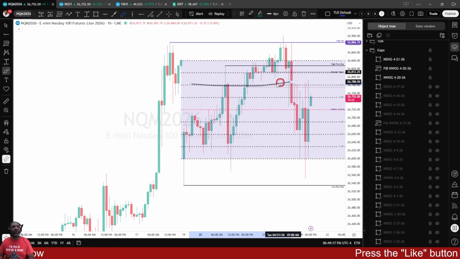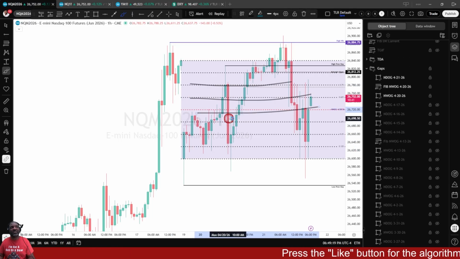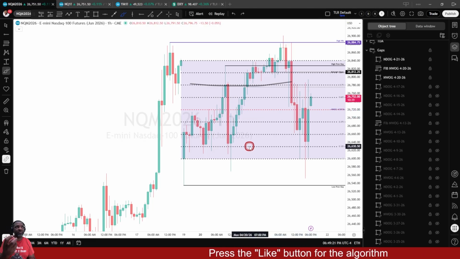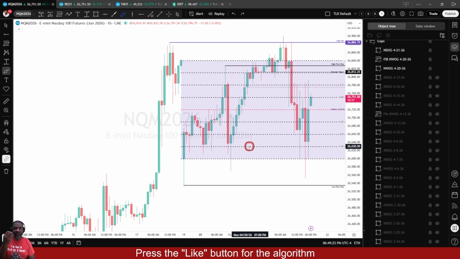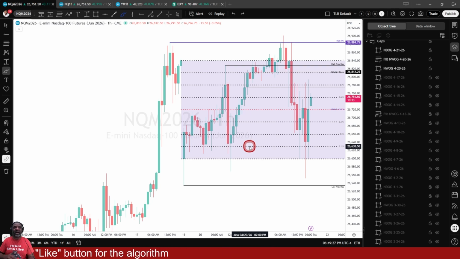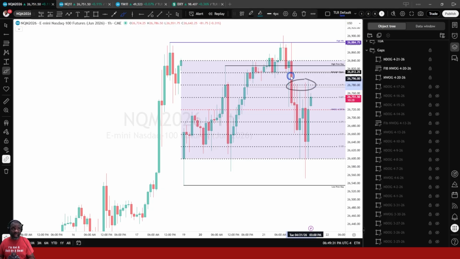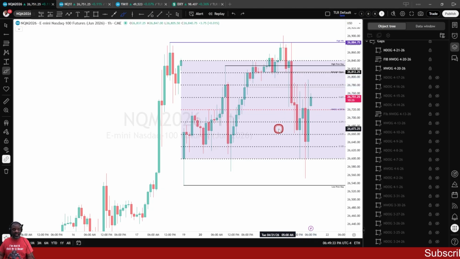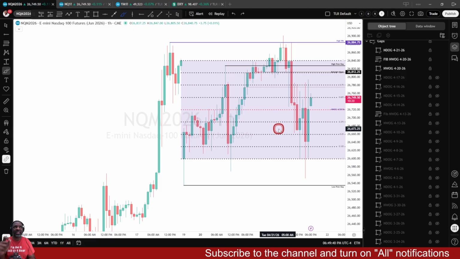I'm more so focusing on these quadrants and octants to give me my narrative, give me my bias, give me my looking for the signatures to form at these bus stops. And then for the lower time frames, I may have a couple PD arrays that I'm keyed in on.